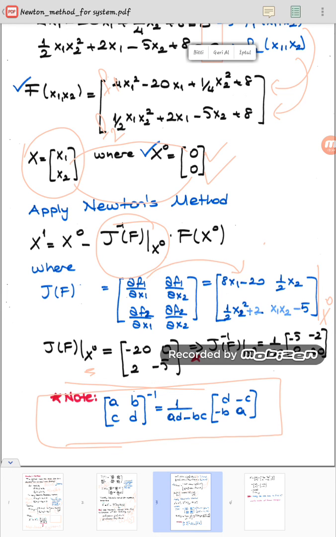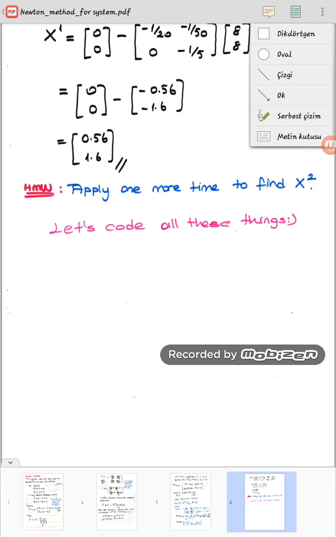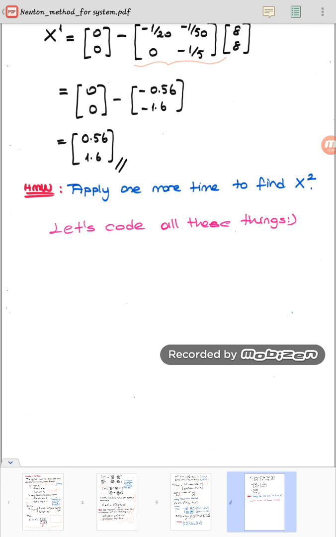You can also use your calculators to calculate the inverse of a matrix. So the inverse of this matrix is coming from that one. Let me rewrite this expression: the Jacobian inverse, at the point x0.